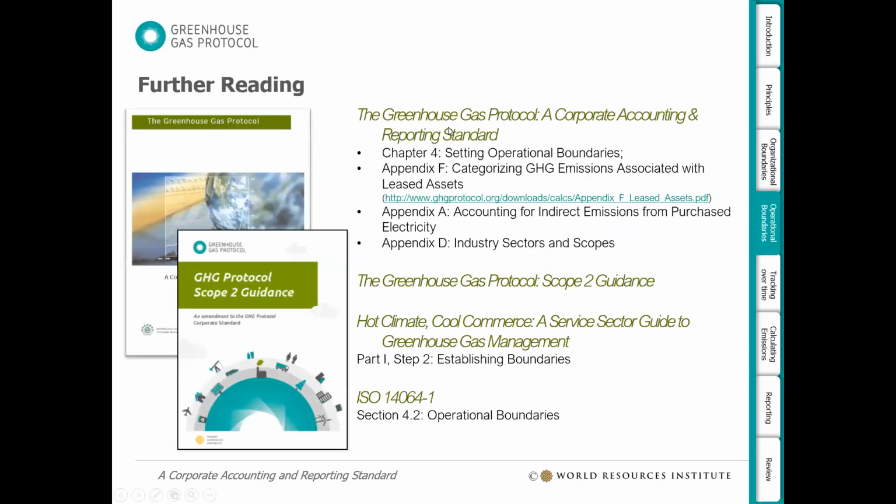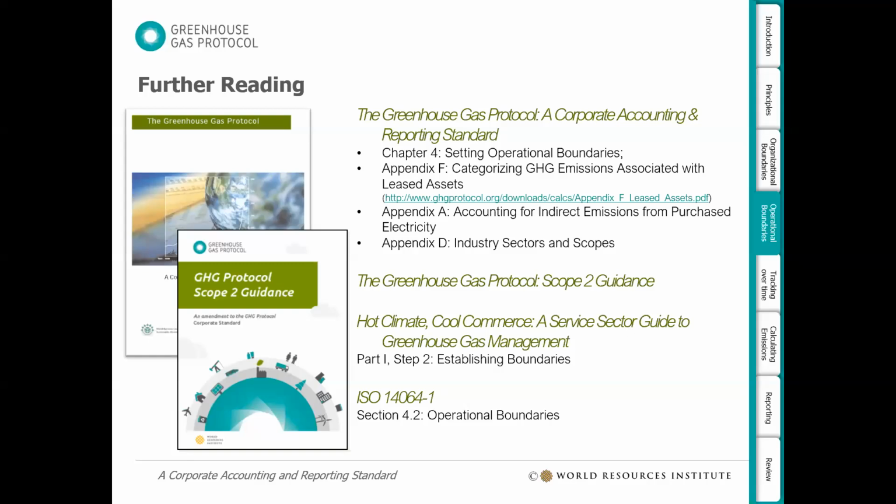For further reading on the topic of operational boundaries, you can turn to a number of sources. The primary reference should be Chapter 4 of the Corporate Standard and its appendices A and F. Appendix F is on leases and is available online from the GHG Protocol website, and Appendix A is in the print edition of the Corporate Standard.